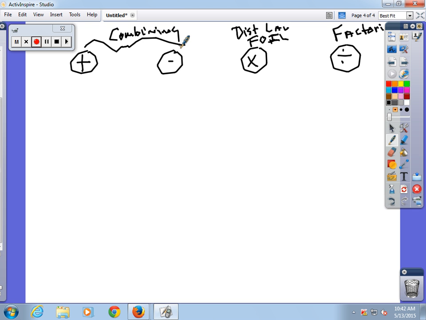So let's take a monomial, let's say we've got 2x. There's our monomial, and we're going to combine it with 3x plus 4. Okay? So combining means that you add.